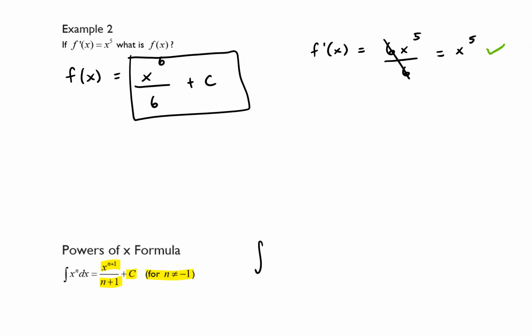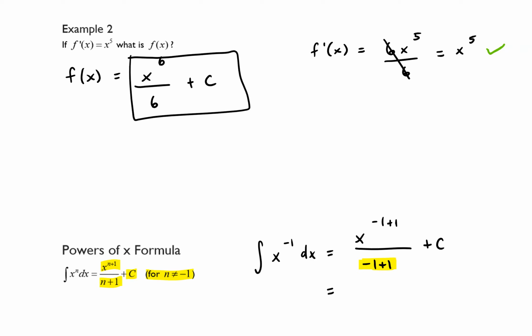If we had the integral of x to the negative 1 power dx, if you plugged that into the formula, you'd have x to the negative 1 plus 1 over negative 1 plus 1 plus c. And the reason that this does not work is because negative 1 plus 1 is equal to 0. So you'd have division by 0, which you can't do.